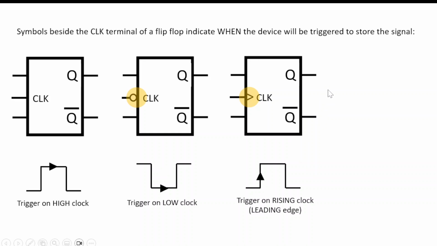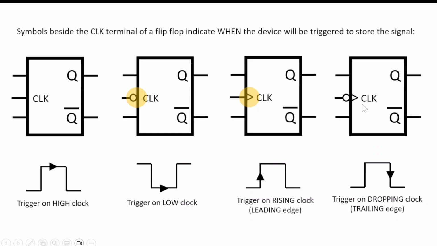And finally, if I have an inversion circle and the triangle, it means that this will only save or transfer or store the bit into memory when we have a dropping clock. So, trailing edge, we have trigger on high clock, trigger on low clock, trigger on rising clock, and trigger on dropping clock.